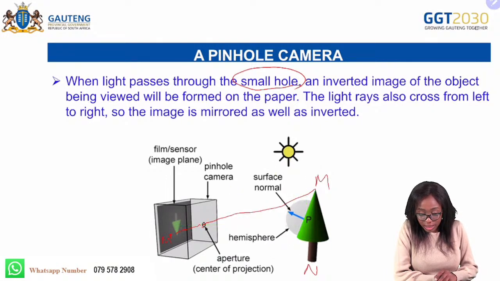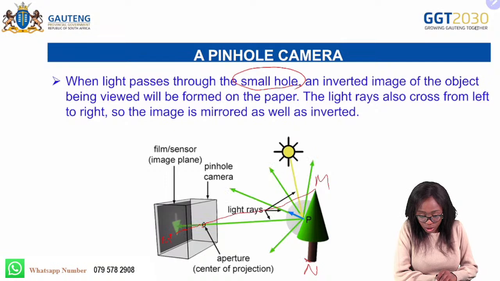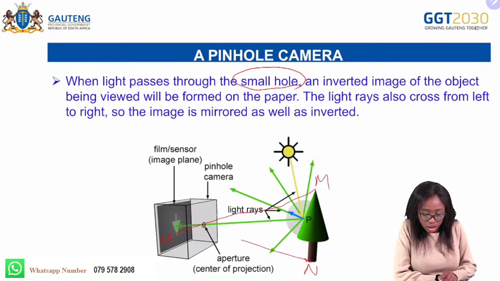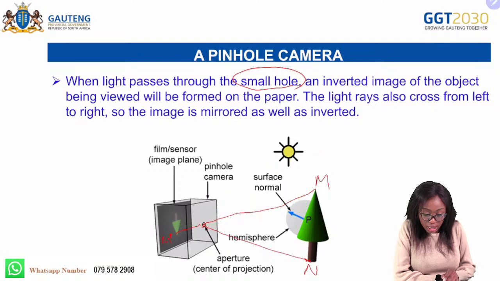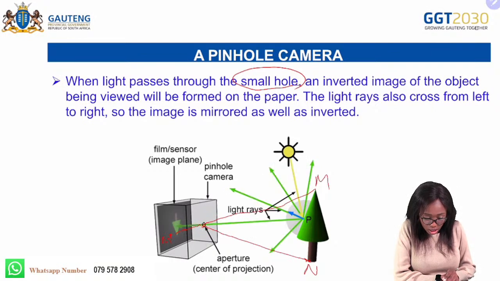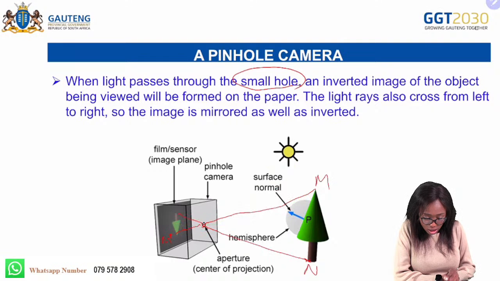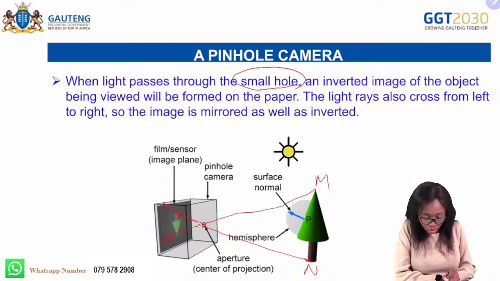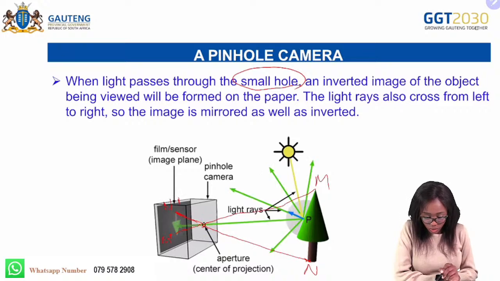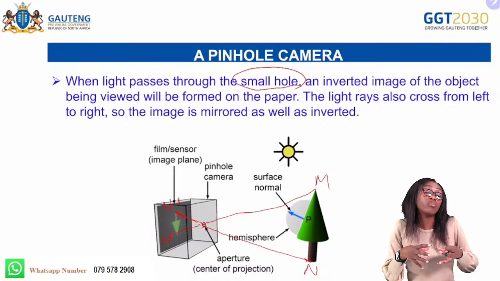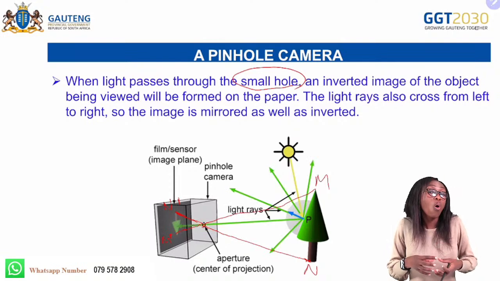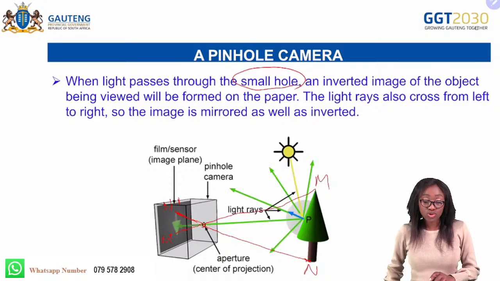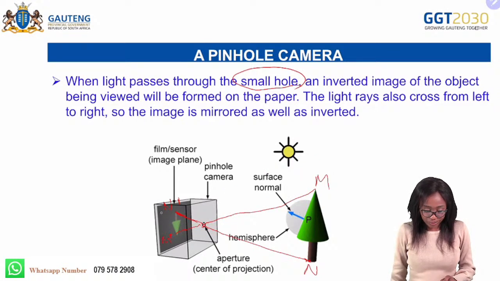And then the light that radiates at the bottom of the tree, which we called point N, goes through the hole in a straight line and forms an image there. We call this point N prime. So that's how we end up with an inverted or upside down image of the tree on the screen.